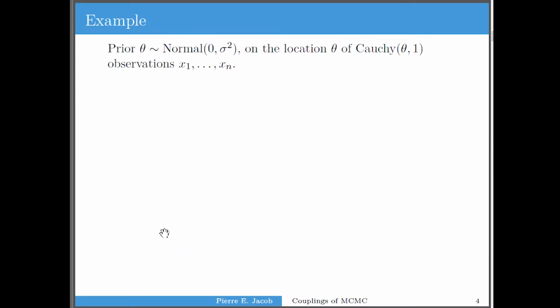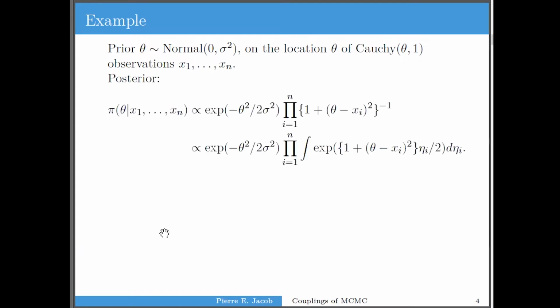And so I'm going to use a very simple running example where theta is the location of a Cauchy distribution. We observe some x's, and we put a Gaussian prior on theta. And so you can write the posterior distribution of theta given x as prior times likelihood. And then there's a nice little trick where you introduce variables denoted by eta.